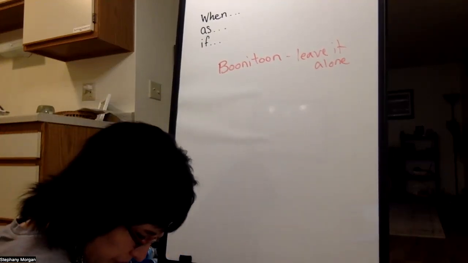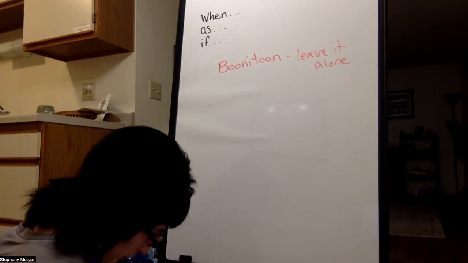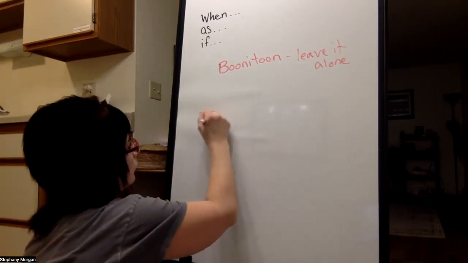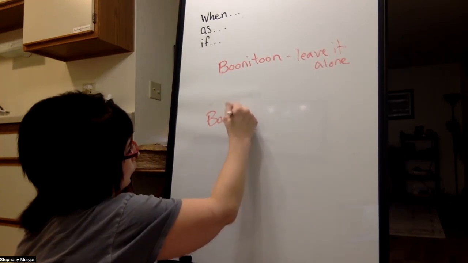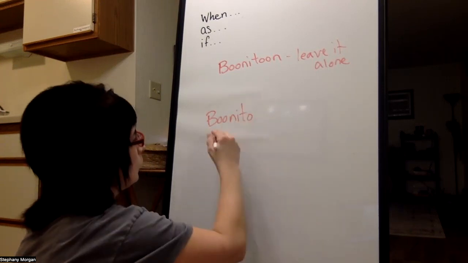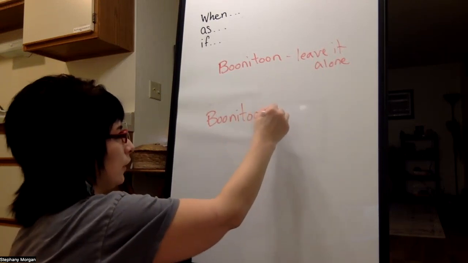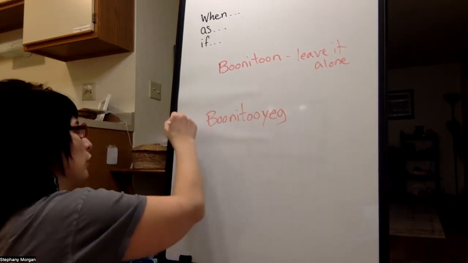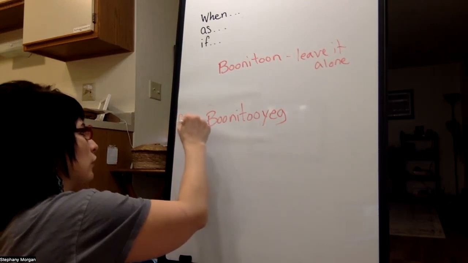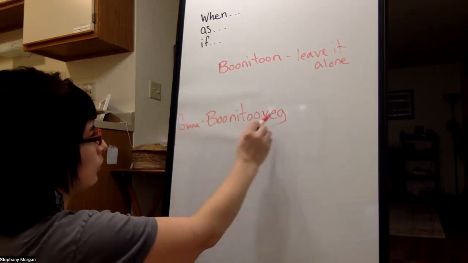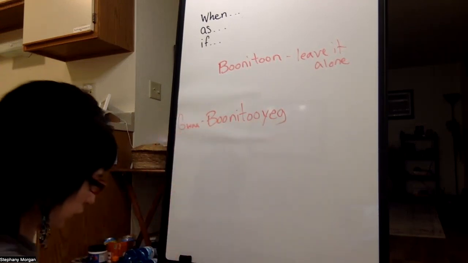Quinoa. As yous are leaving it alone, wunitu, that then falls off, and you get yeg, wunitu yeg, quinoa. Use, as yous are leaving it alone, if yous are leaving it alone.